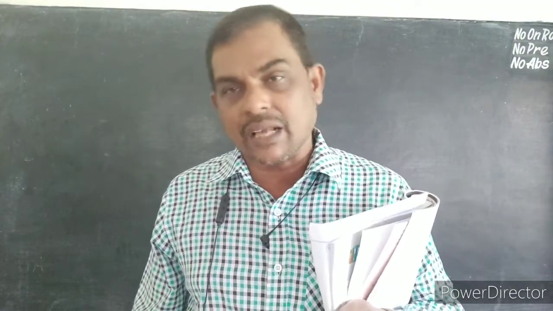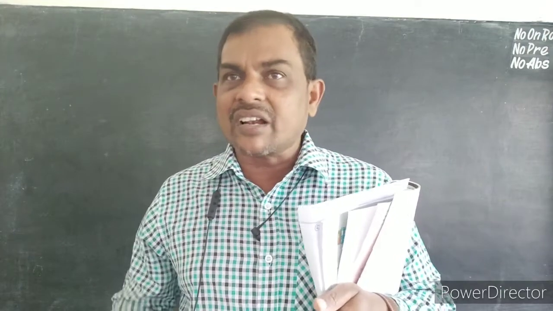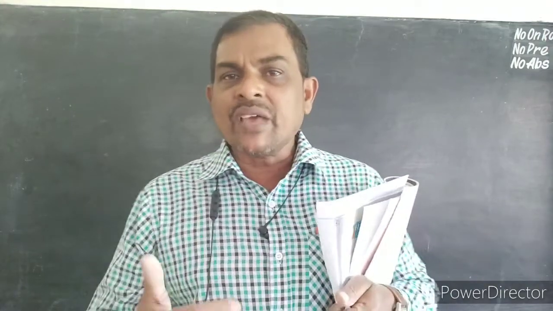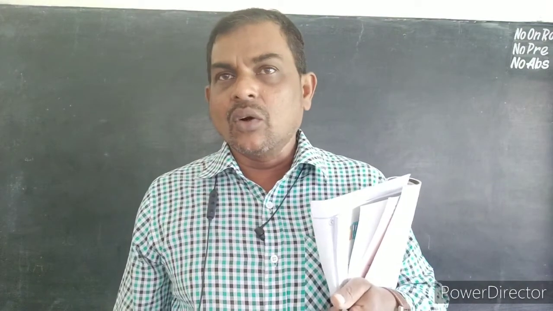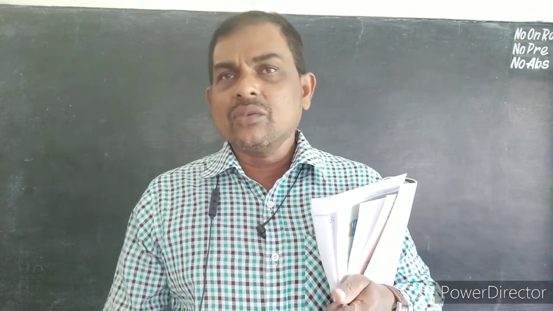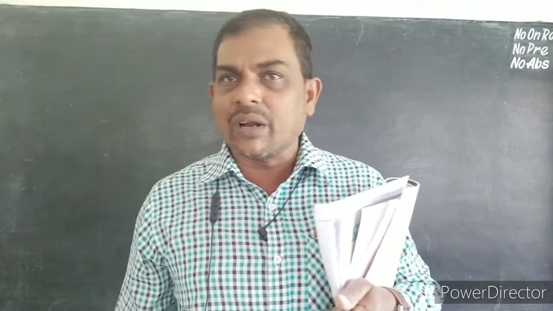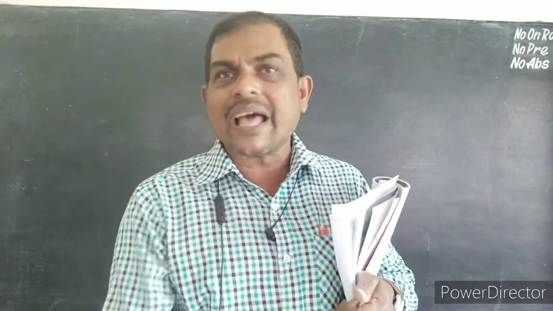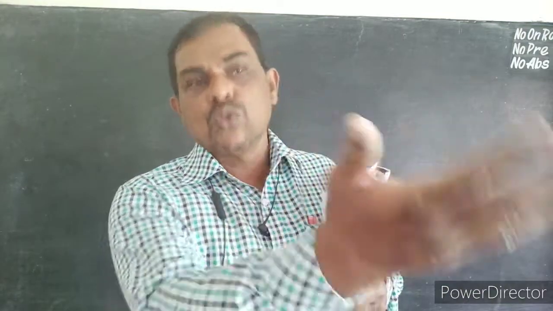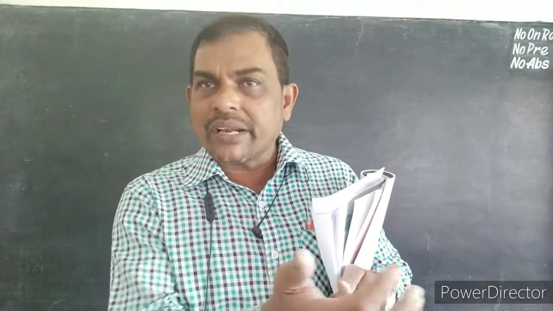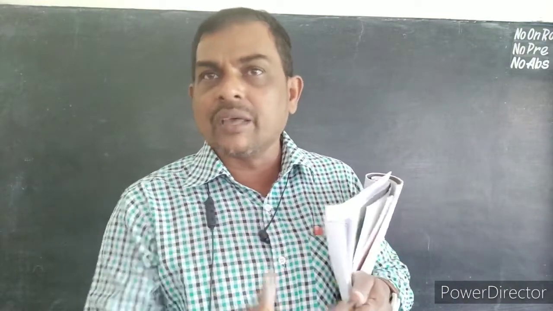And sundry debtors. Sundry debtors or debtors is also an asset because we are selling some goods to our customer on credit basis. Credit basis means he will pay later only. Till then we are calling him a debtor because we have to collect the amount for what we have sold to him. So till the amount is recovered from him, we are calling him a debtor.